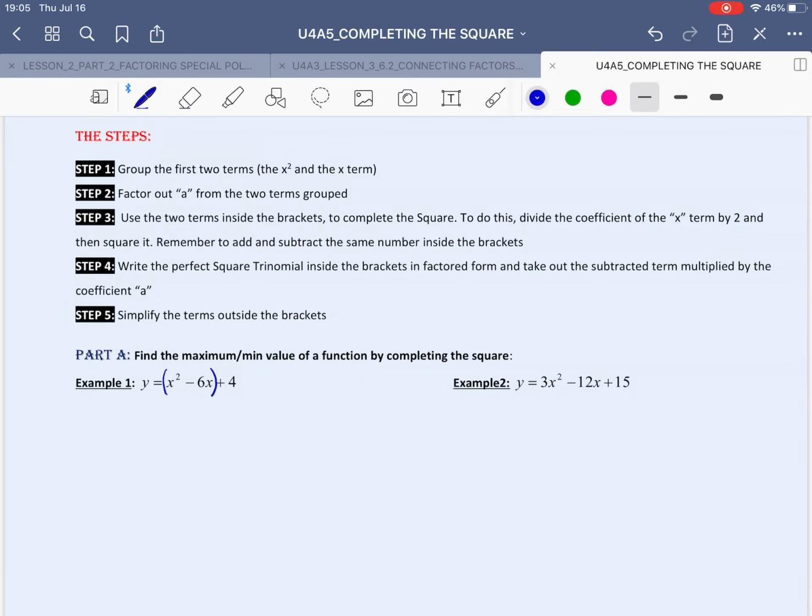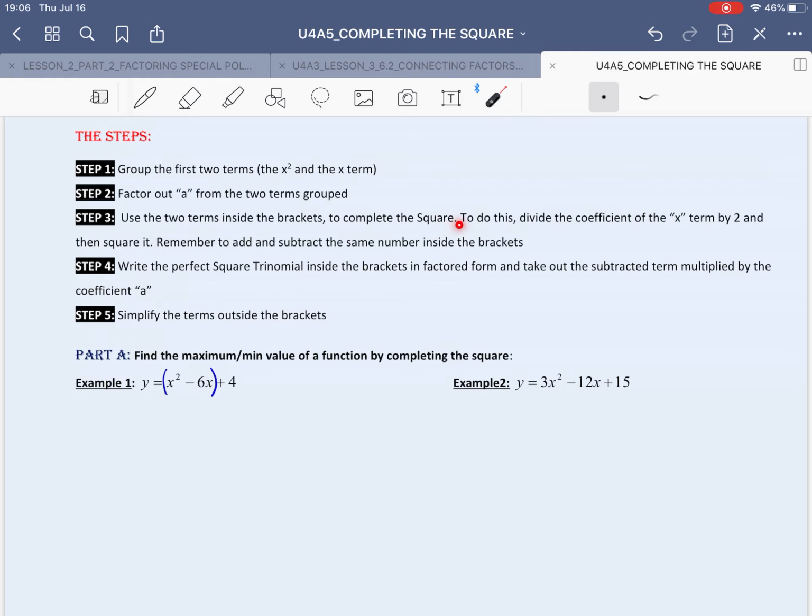Step 1, done. The next step says, factor out a from the two terms grouped. I see that a, the coefficient of x squared, is 1. What that means is that I have nothing to factor out. So I'm going to move on to step 3.